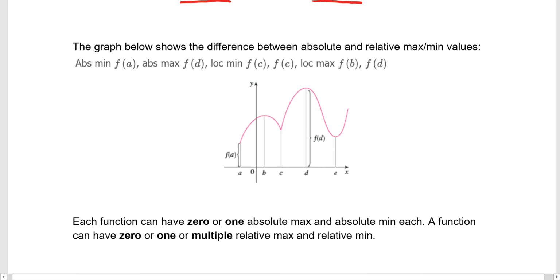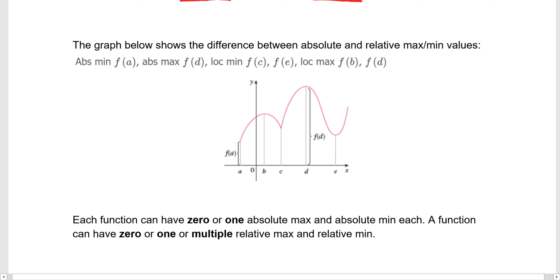And here's an example of a graph where it has a little bit of everything, where we have absolute and relative max and min values. We can see that right here, f of a is the absolute minimum, and f of d is the absolute maximum, because those are the lowest and the highest y values on the graph.